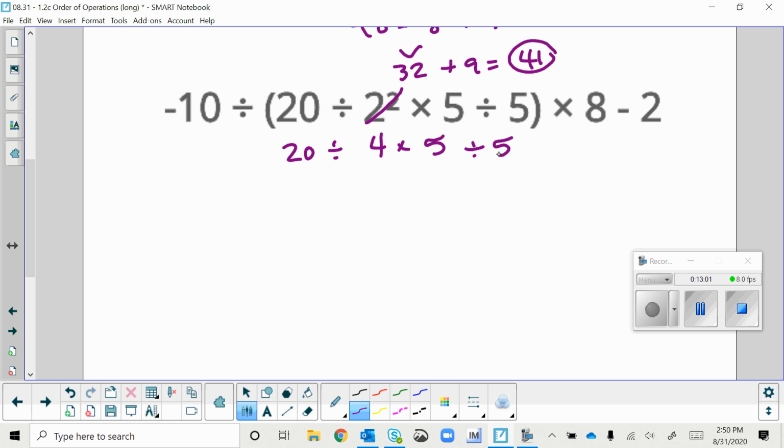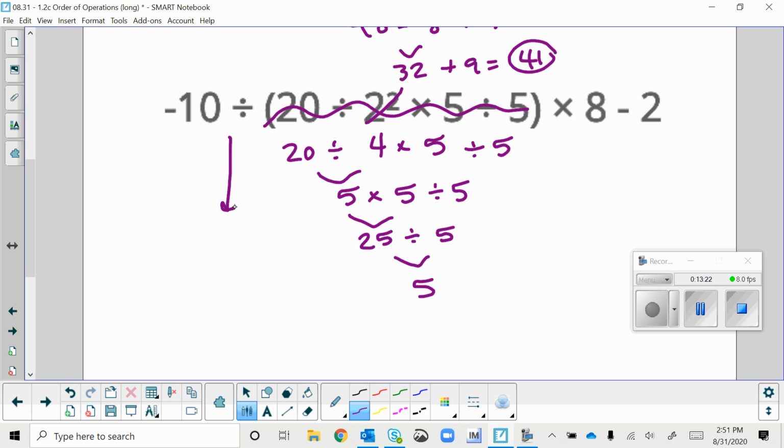We do multiplication division from left to right. So that means 20 divided by 4 first, which is 5. And then 5 times 5, which is 25. And 25 divided by 5 is 5. So I did all of this. And now I bring the rest of the stuff.